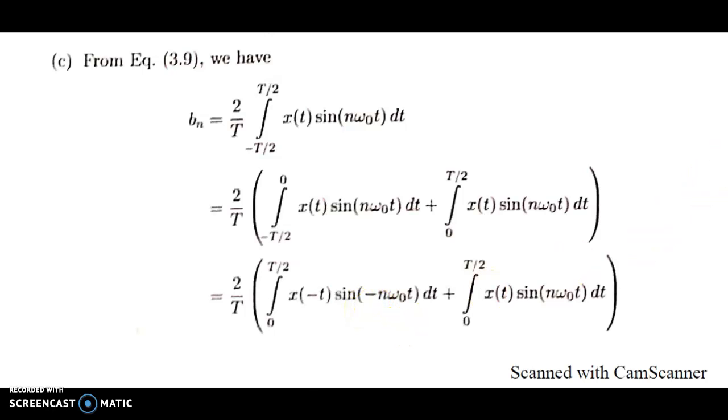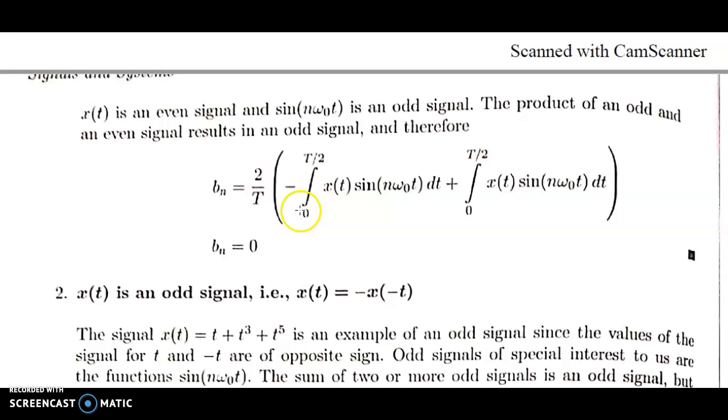Therefore, this equation becomes bn is equal to 2 by T into, within bracket, minus integral 0 to T by 2 x of t sine n omega 0 t dt plus integral 0 to T by 2 x of t sine n omega 0 t dt, and we can see that the terms within the bracket are the same and of opposite sign. Therefore bn value is 0.